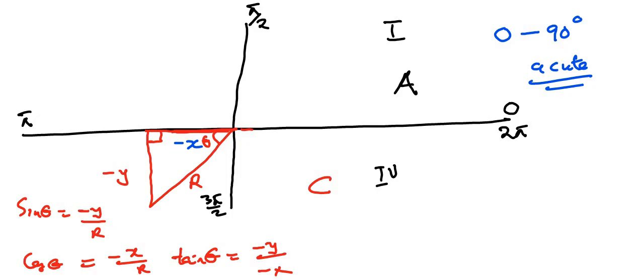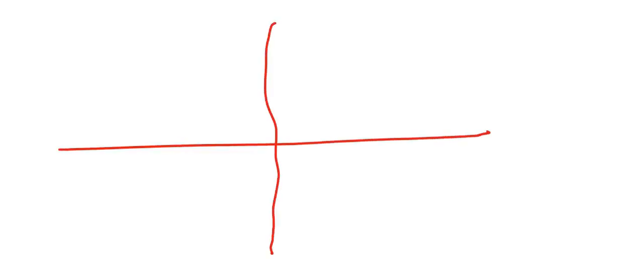In short, provided you are on the x-y plane and you're punching in your angles: here our angles range from 0 to pi over 2, that's 90. Here angles range from 90 to pi, 90 to 180, that's the second quadrant. Then here angles range from 180 up to 270.